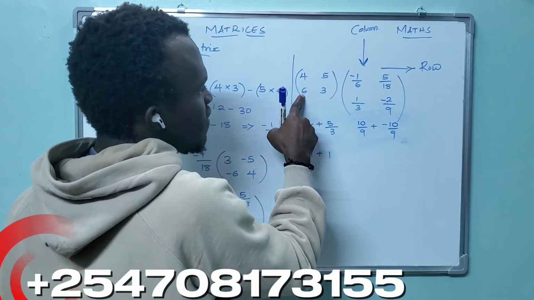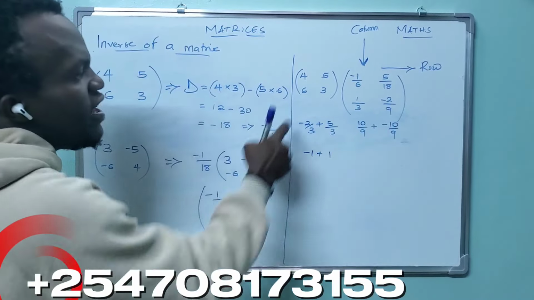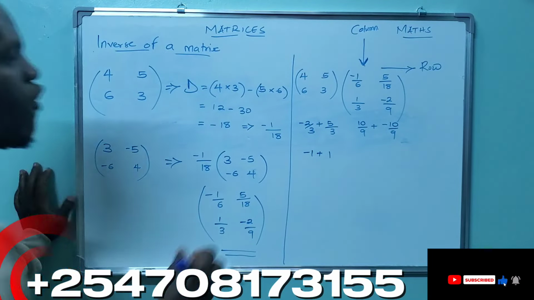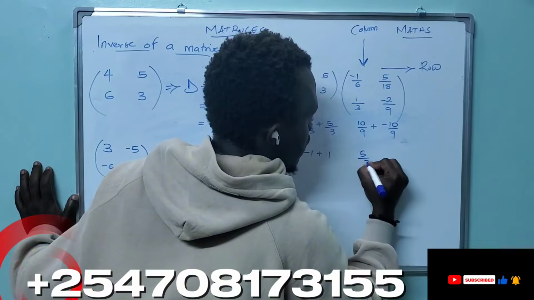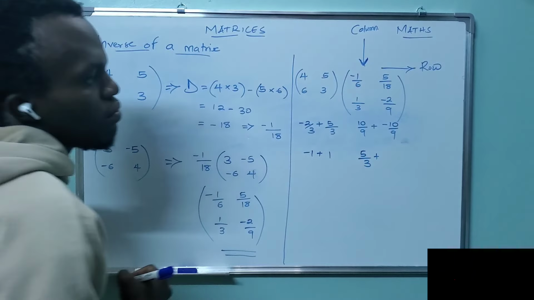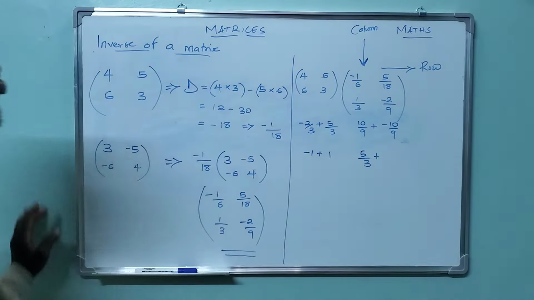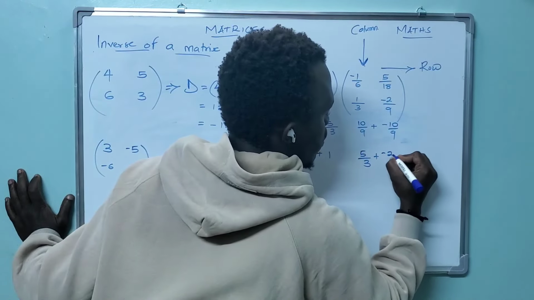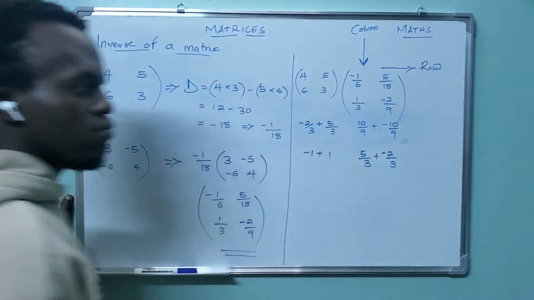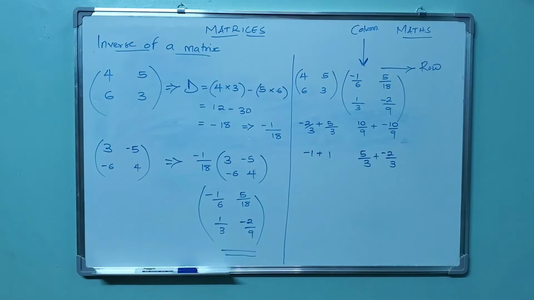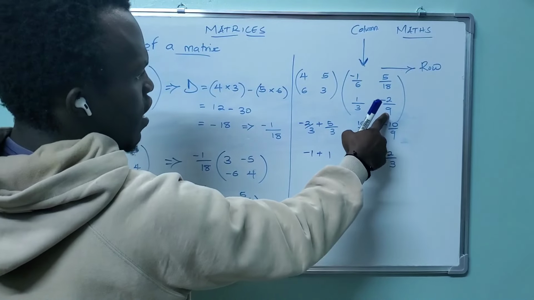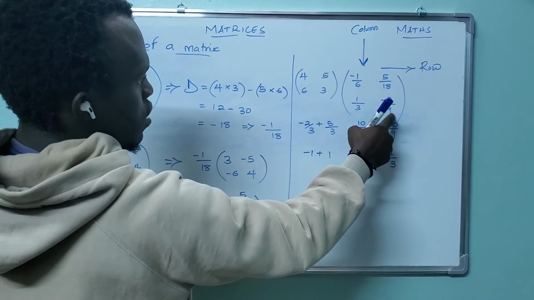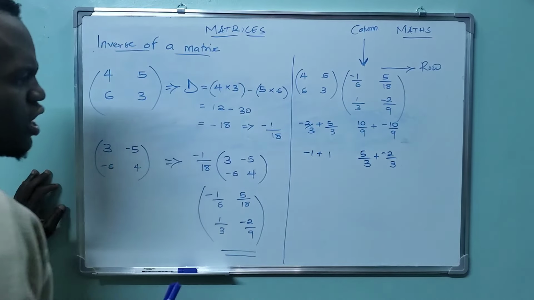Then next, 6 multiplied by 5 over 18. 6 goes there 3 times, so I'm going to have 5 over 3, plus 3 multiplied by negative 2 over 9. 3 goes here 3 times, here 1, so negative 2 over 3.